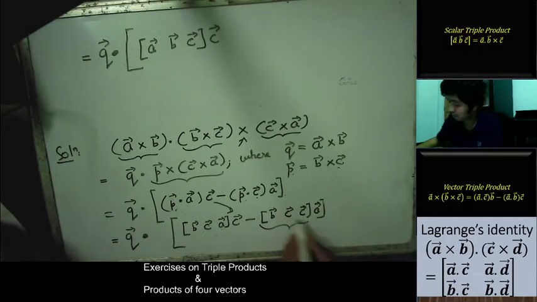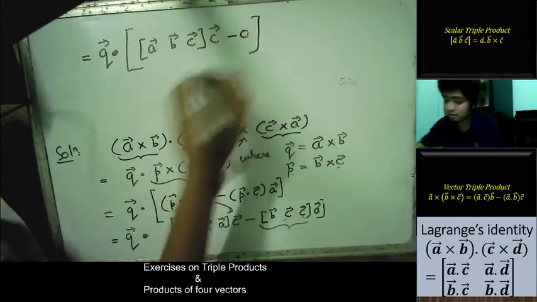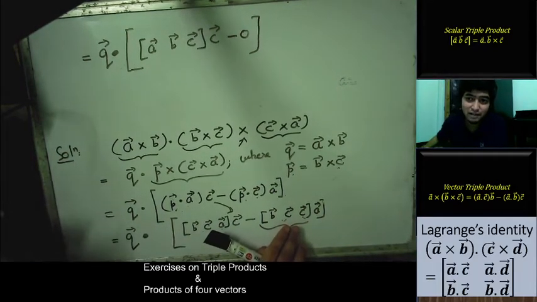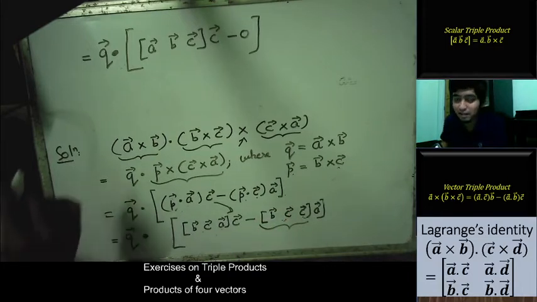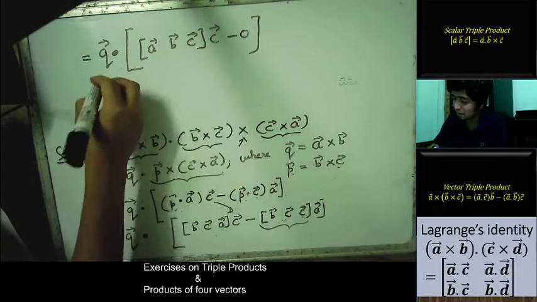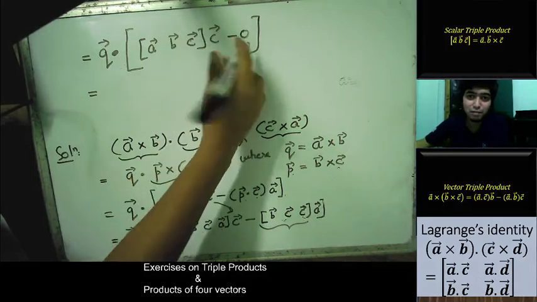It is 0 because the vector c appears 2 times inside the box. You must remember that if there are 2 of the same vectors inside the box, then the box will be empty. That is, it will be 0. So over here, this one will be minus 0, so we can forget about it.